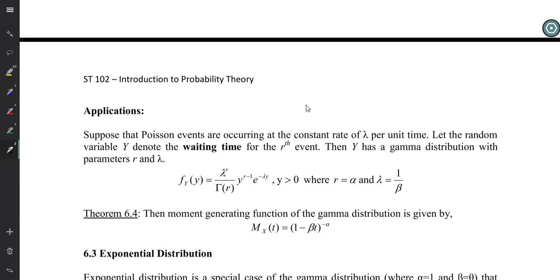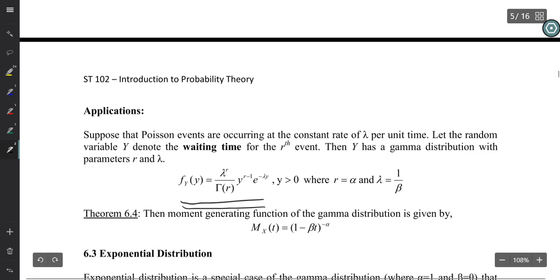If we define a random variable y as the waiting time for the rth event, then this y has a gamma distribution with parameters r and lambda, where lambda is the Poisson rate, and you can express it in this given formation.